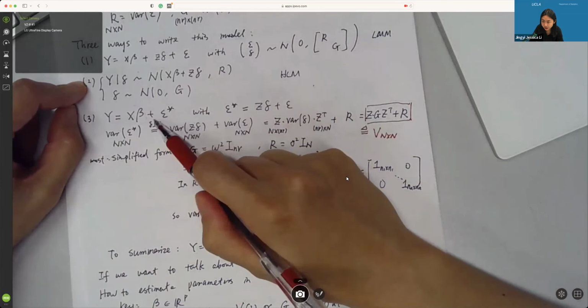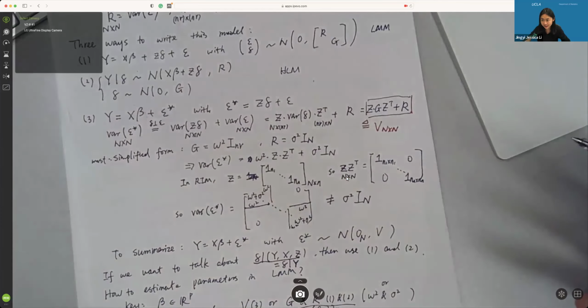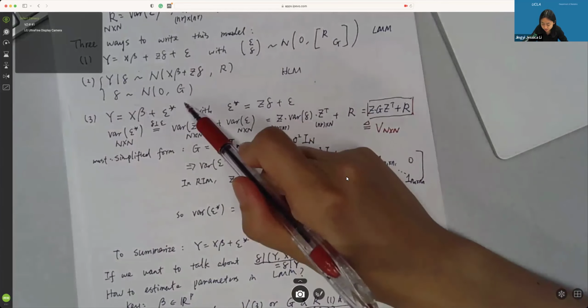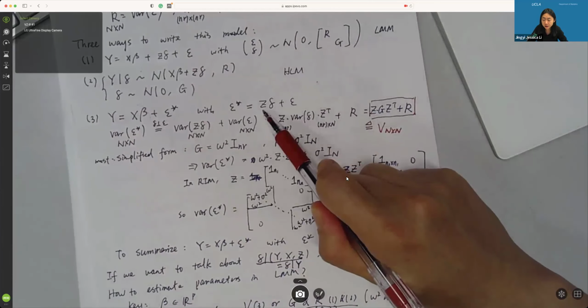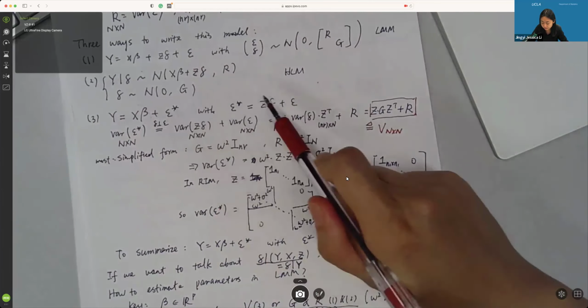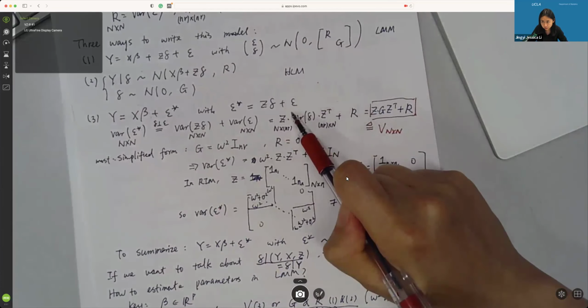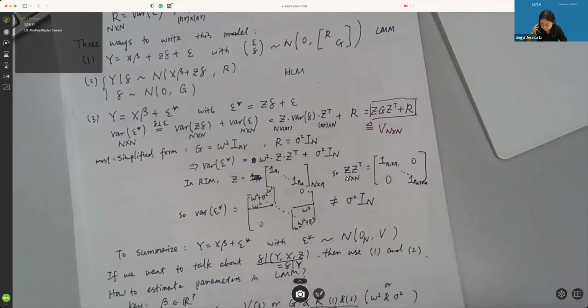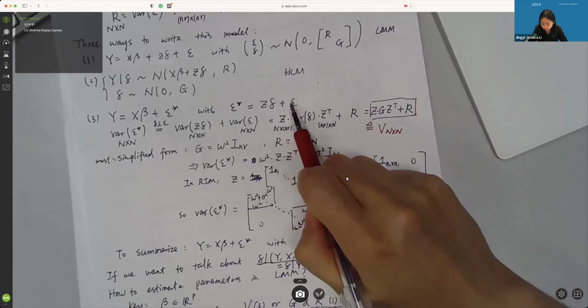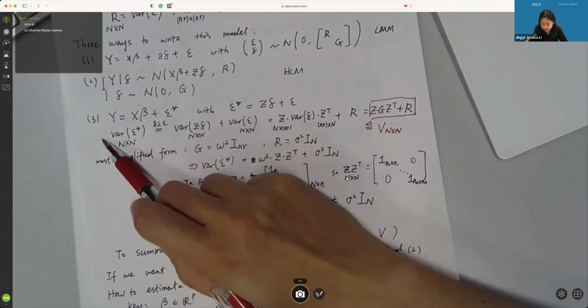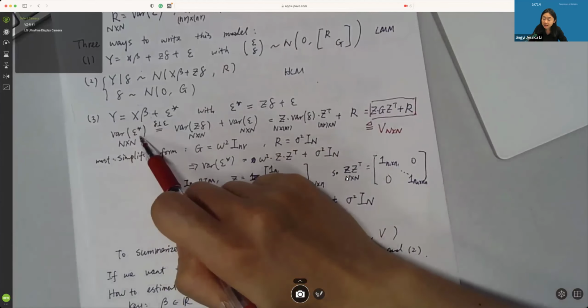So in this way, it becomes just like a linear model. It's just that for the random part, we can further decompose epsilon star as Z delta plus epsilon.